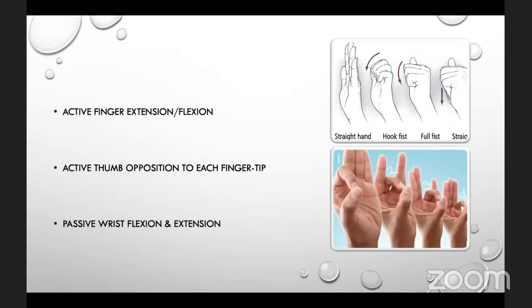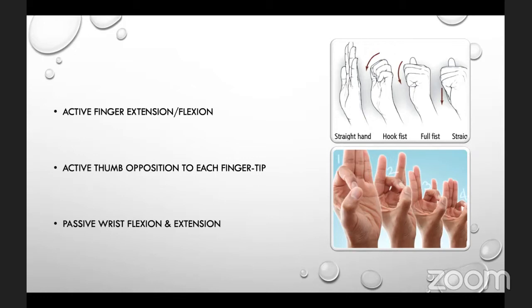Then I started exercises. First, I started with active finger flexion and extension, as you can see on the right side of the slide, and active thumb opposition to each fingertip. Then some passive deviation, then passive supination and pronation.